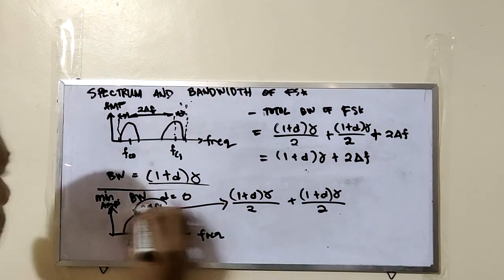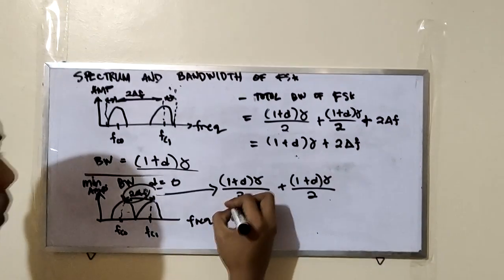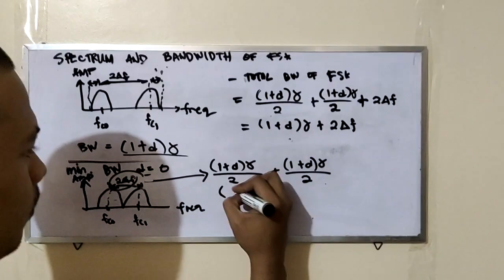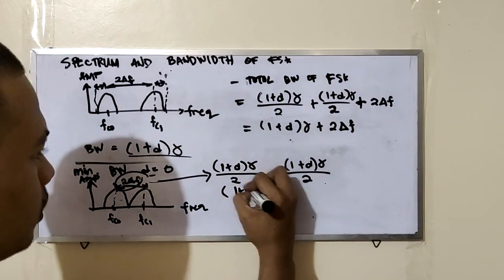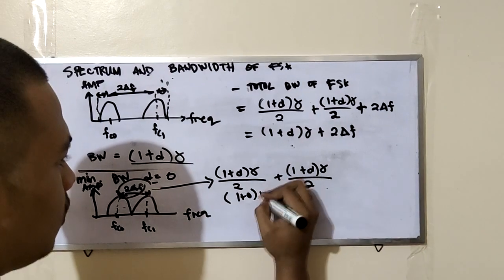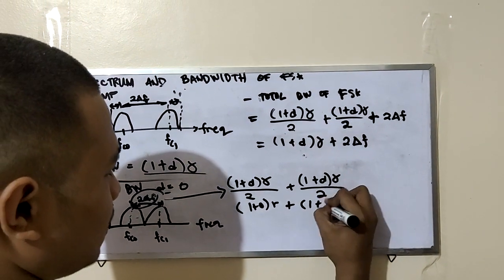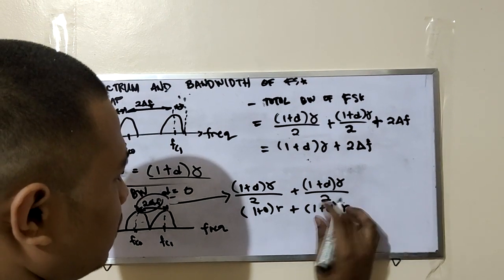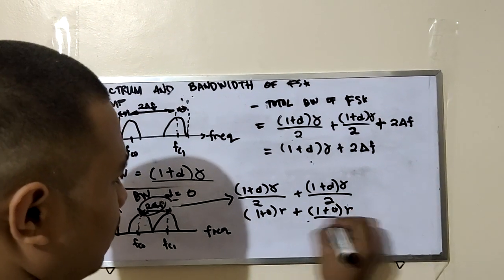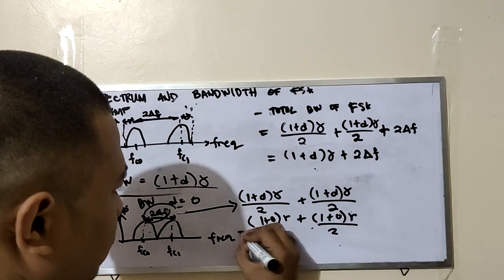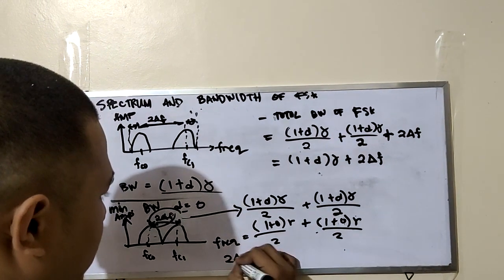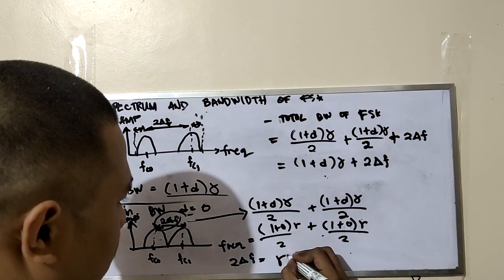D in minimum bandwidth is equals to 0, so we have (1 plus 0) R plus (1 plus 0) R over 2. So 2 delta F is equals to R.